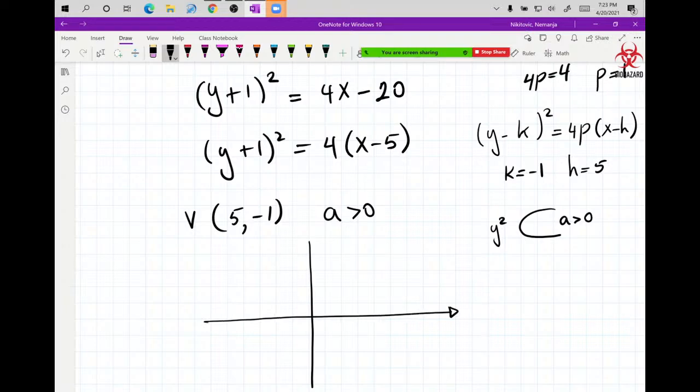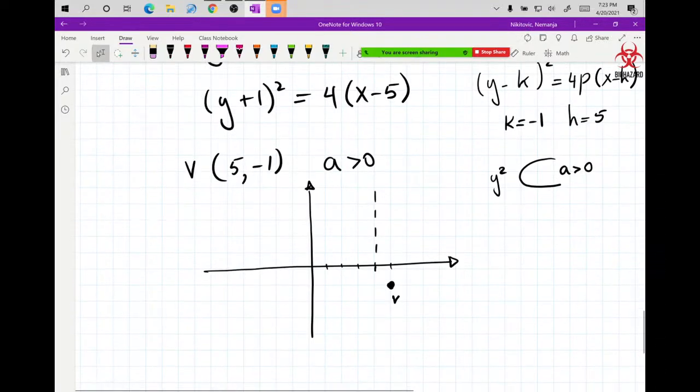There we go. Vertex is 5, negative 1. 1, 2, 3, 4, 5, negative 1. That's the vertex V. It's opening to the right, which means go 1 unit back to draw the directrix, because p is equal to 1.